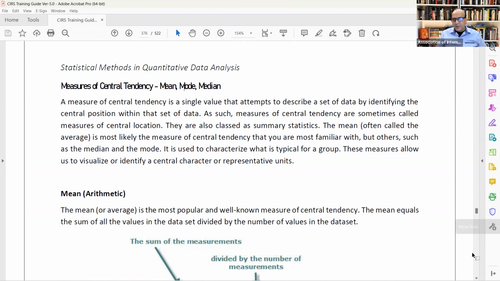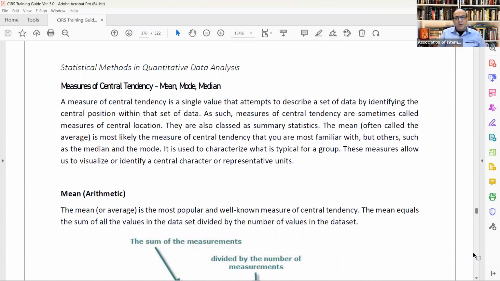Some of the things that we talk about, like mean, mode, median, or you have to create any graphs or charts. None of that is going to be part of the exam, and it's not expected that you learn statistics. The idea here is to convey to you that one of the most useful methods could be statistical methods in quantitative analysis.